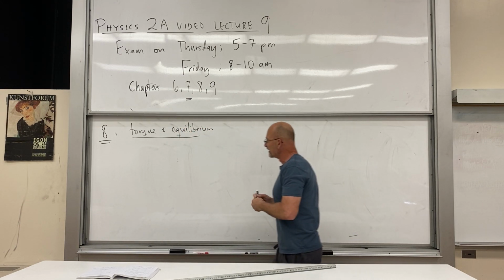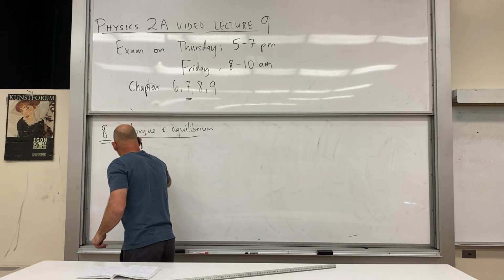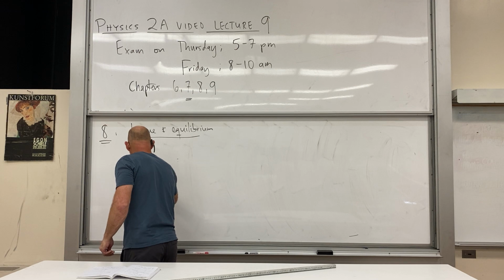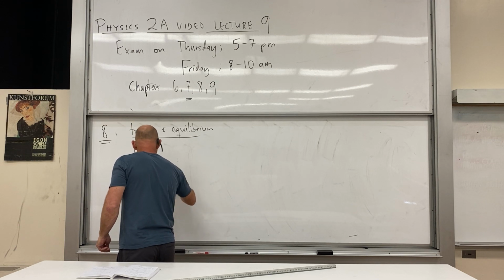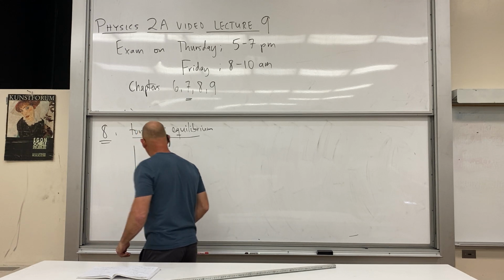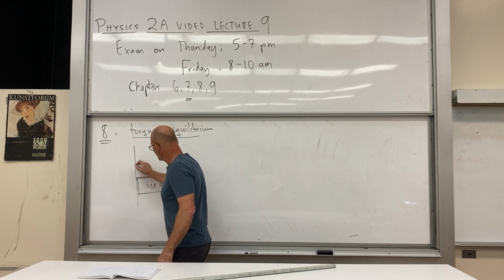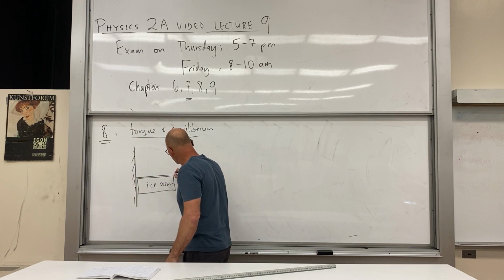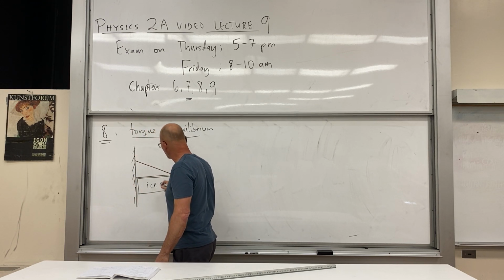Another example, and this one is in our notes, we've done it, is if we just have a rod with a sign or something hanging from it, the famous ice cream problem. And of course that bar there is going to bend unless you guy it up with a wire here.